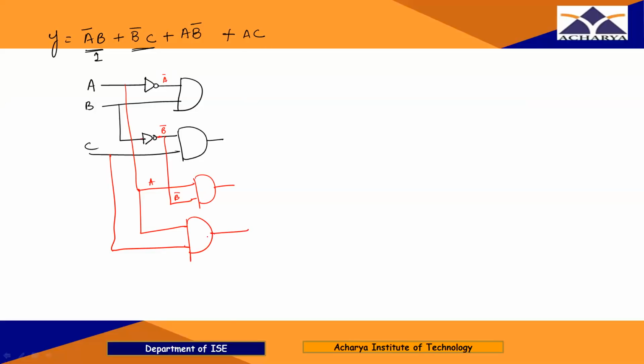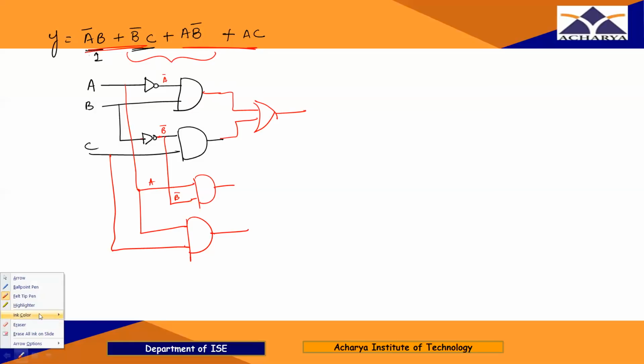Now you can use a 3 input OR gate, or you can use a 2 input OR gate, because you have to perform OR operation between these two terms, OR operation between these two terms, and OR operation between these two, right? So here I'm going to write OR here.